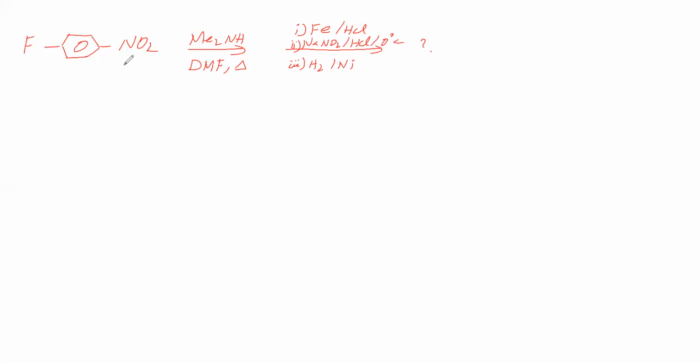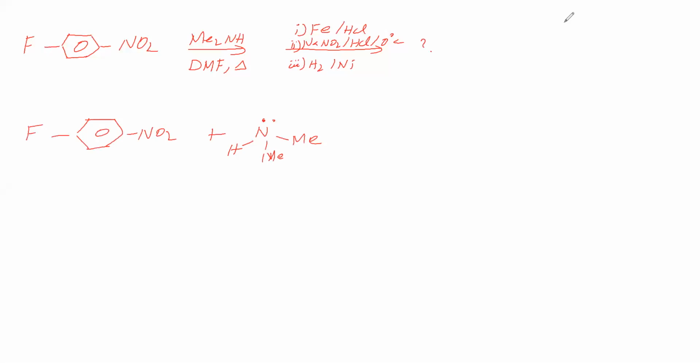That we will see. Now first, which part is this dimethylamine attacking? This fluorine, this phenyl ring, this NO2, this dimethylamine. This dimethylamine we can write like this.